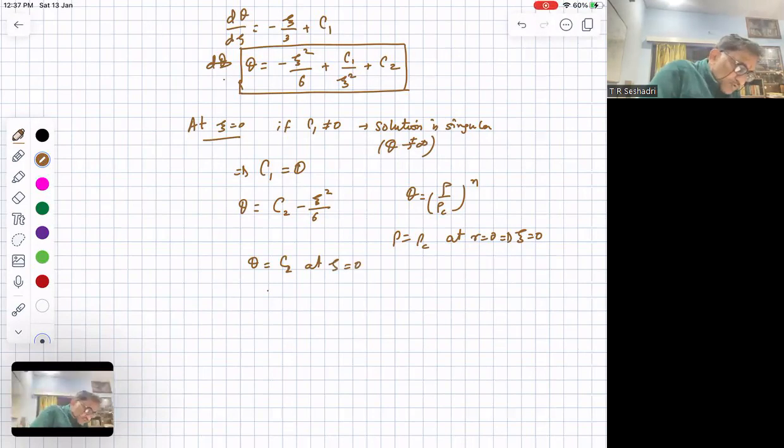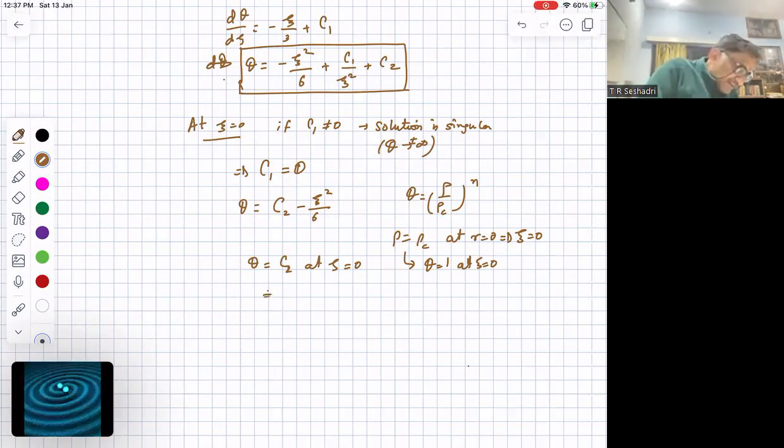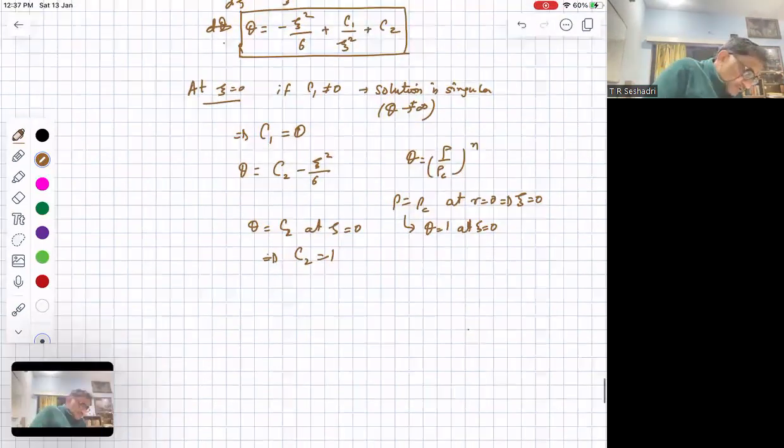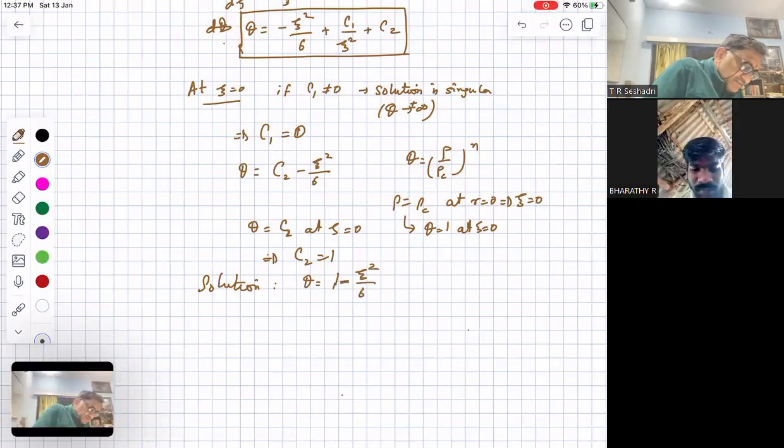But since rho equals rho c, theta equals 1 at xi equal to 0. Is that okay? Okay. And hence it means C2 equals 1, which means the solution is theta is equal to 1 minus xi square by 6.